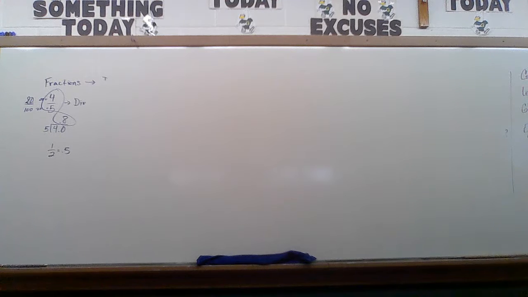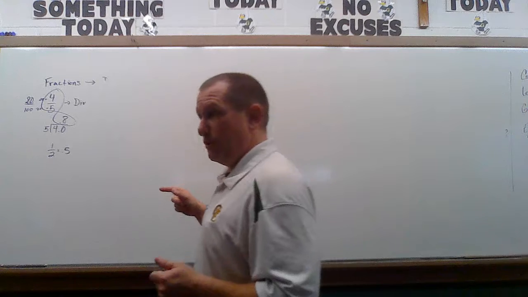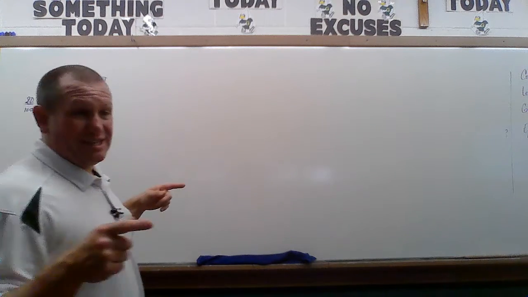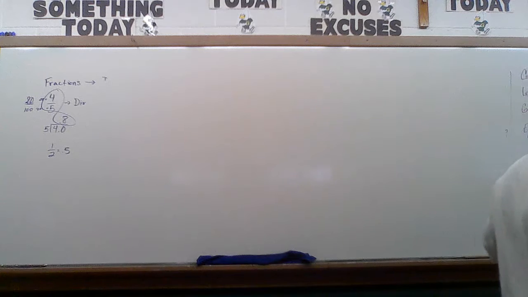Then we got into talking about mixed numbers. Right? What was a mixed number? A whole number and a fraction. And how do I take that mixed number and turn it into an improper fraction?